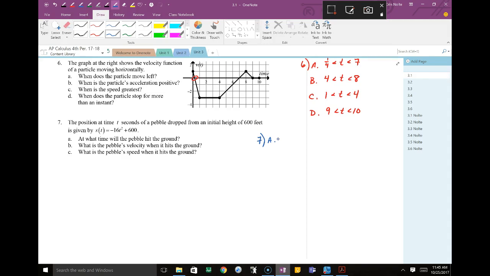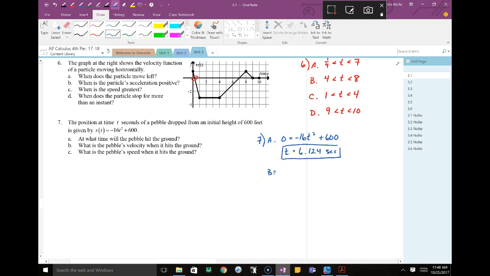So position, the height is 0 when it hits the ground. So 0 equals negative 16 t squared plus 600. And I don't know what that is. 6.124 seconds. Good.